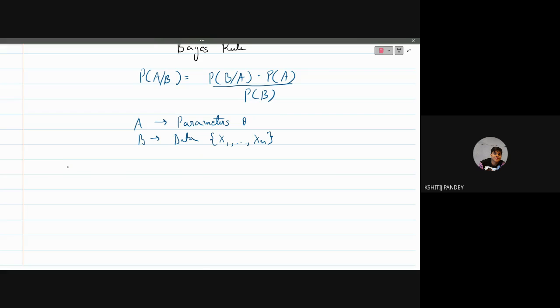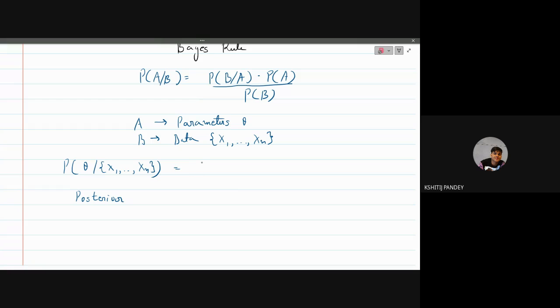Now, the probability density of your theta given your data, this you have to find. This is your posterior. And your posterior will be equal to the probability of getting this data when the parameter is theta.